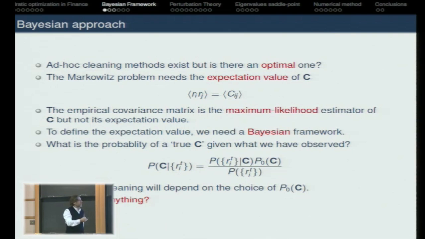So we're going to put ourselves in a Bayesian framework. The question is, what's the probability of the true matrix given what I observed? And use Bayes' formula to state that. So you have a measurement process which says how to go from a true matrix to the returns that you observed, and an a priori distribution on true matrices. And this is just a normalization that really drops out of the computation.